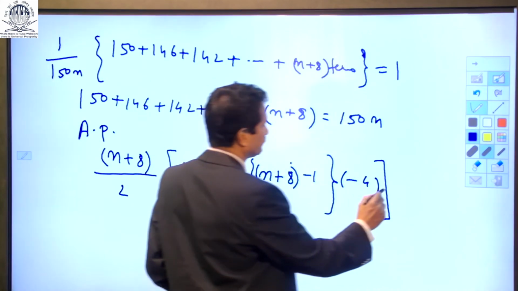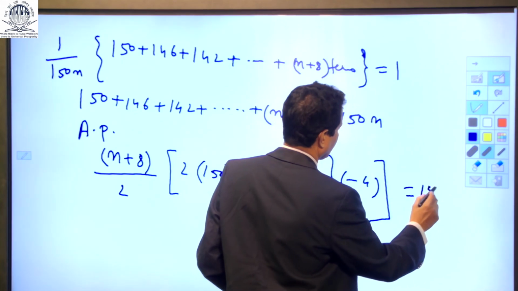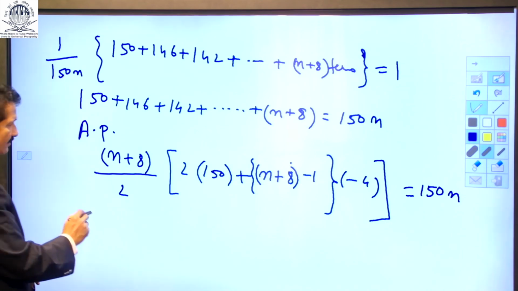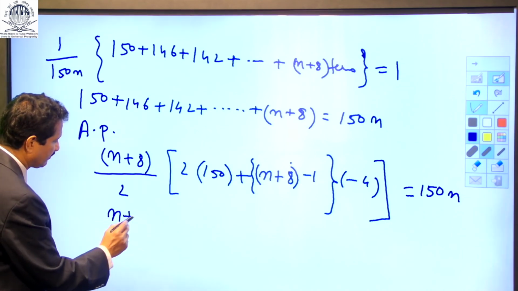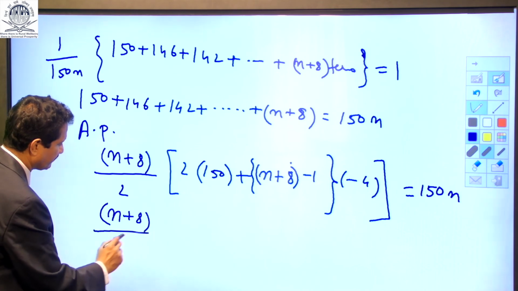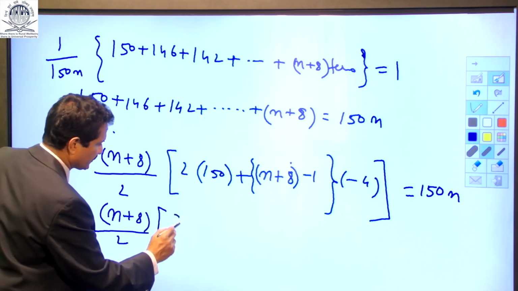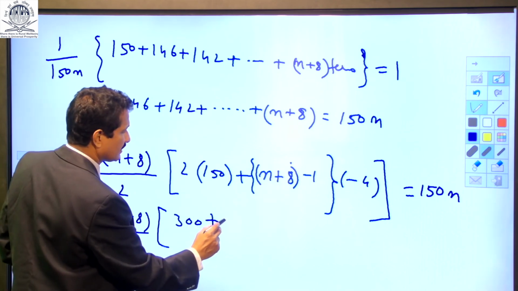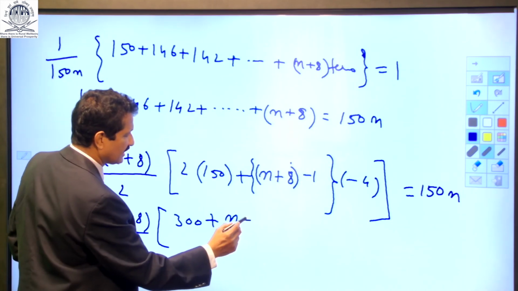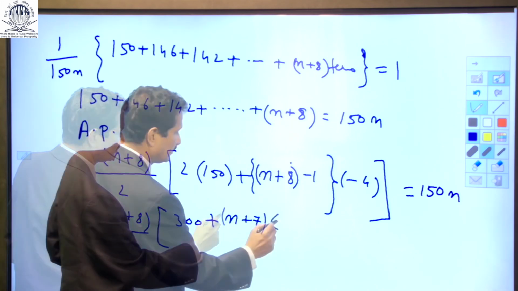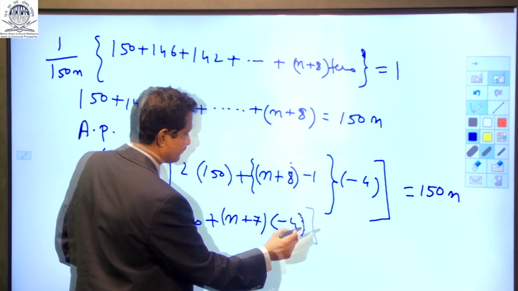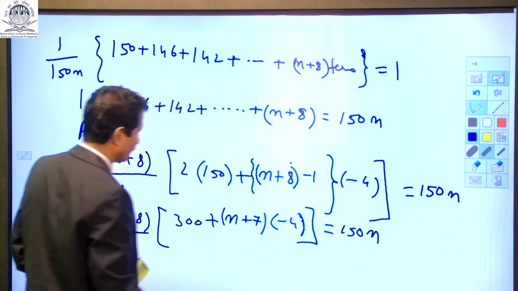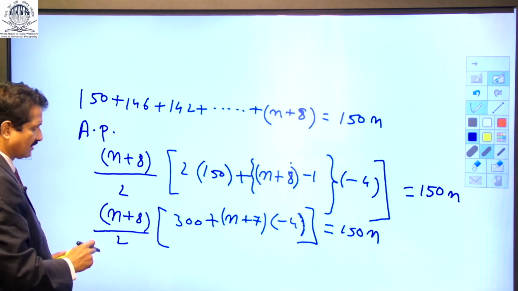This is equal to 150n. We have to solve for n. This gives me n plus 8 by 2 into 300 plus n plus 7 into minus 4 is equal to 150n. Let us solve this further.